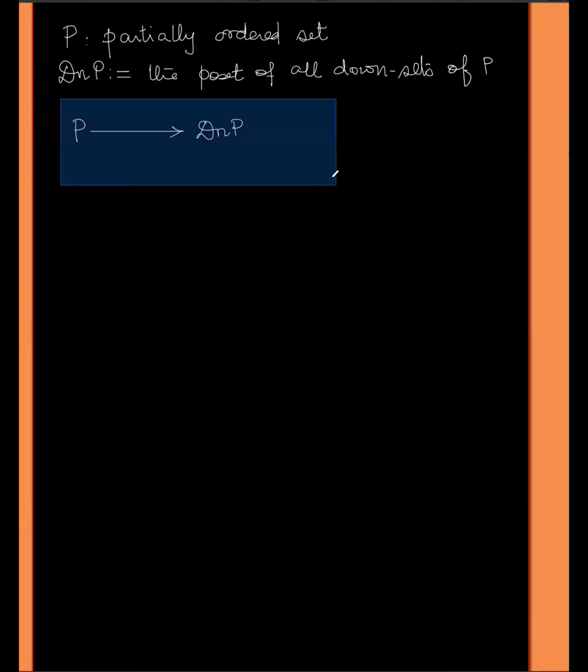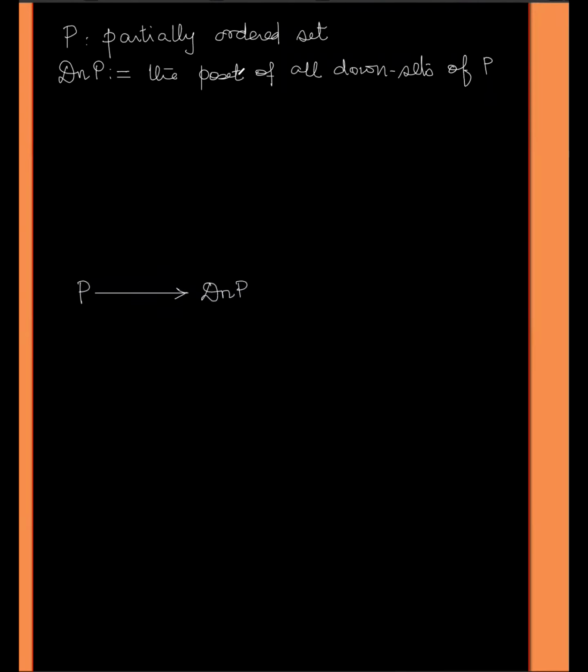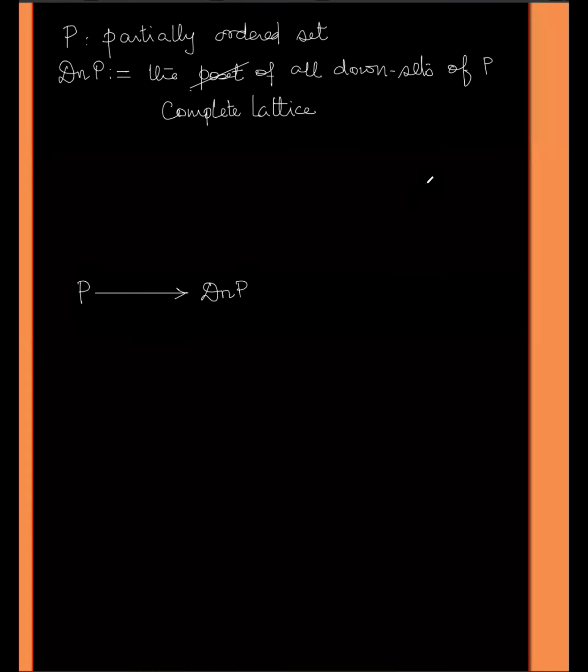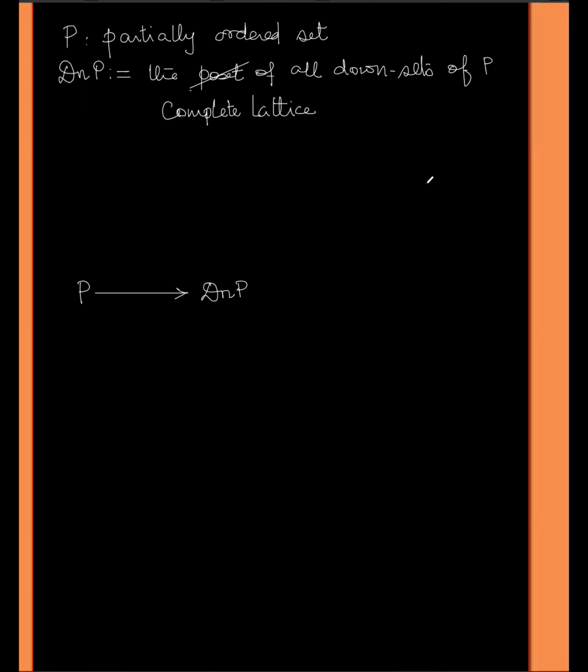In fact, this is not only a poset, we showed that this is actually a complete lattice. That means all subsets of a partially ordered set, in which every subset has a supremum and every subset, and therefore every subset has an infimum.